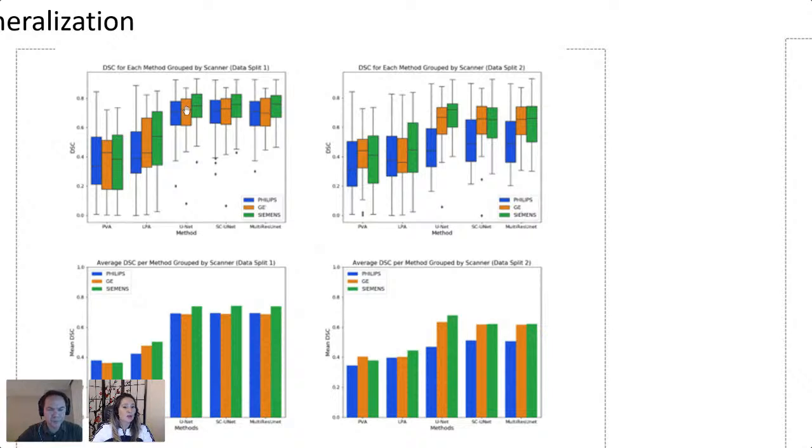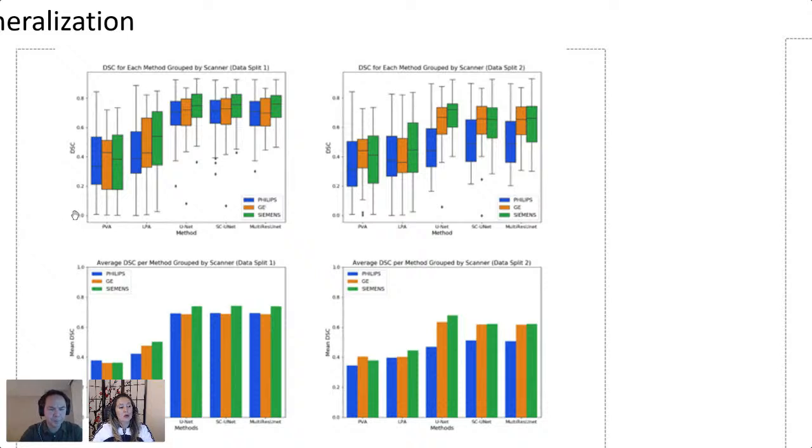You can see the deep learning methods far outperform the traditional methods. The traditional methods are unsupervised, or I believe random forest classification. The metric is segmentation DSC, and in this case I think it's lesions, so white matter hyperintensities in the brain.